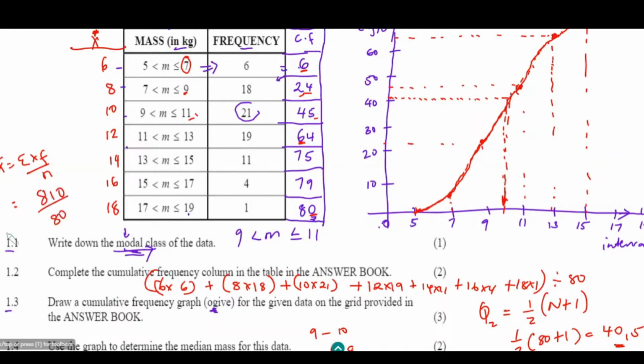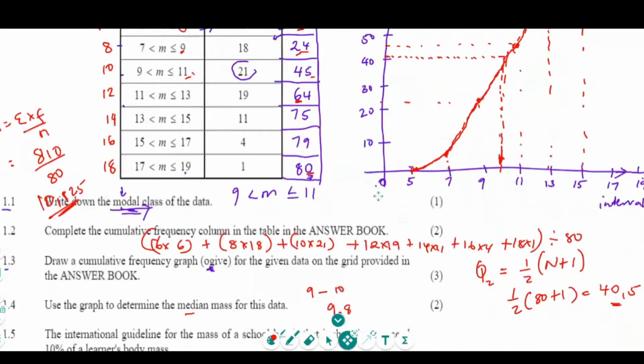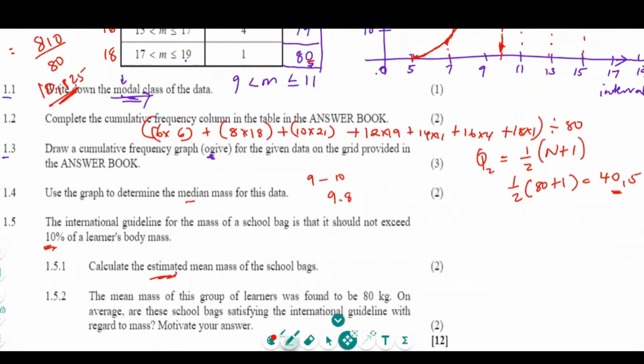And then I'll divide this by 80, and then I end up with 10,125. So this becomes my estimated mean. That is 10,125. I'll just jot it down here.